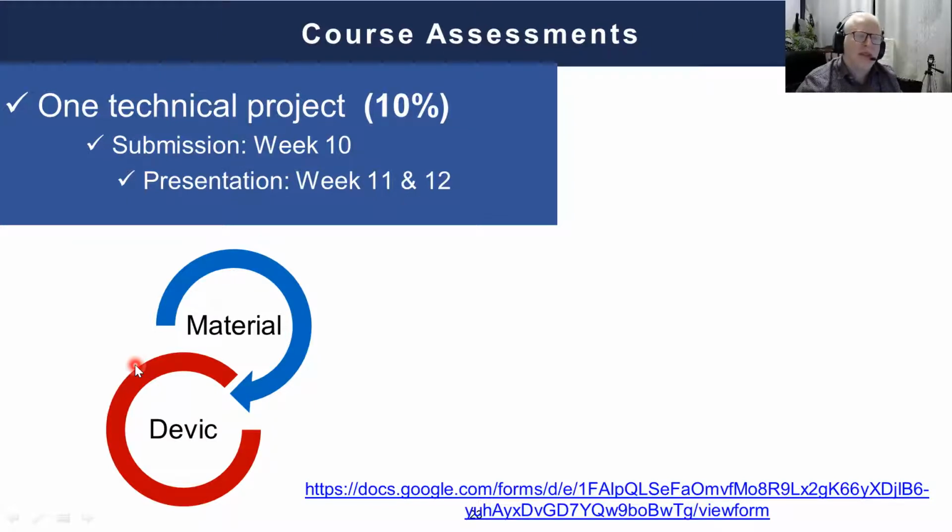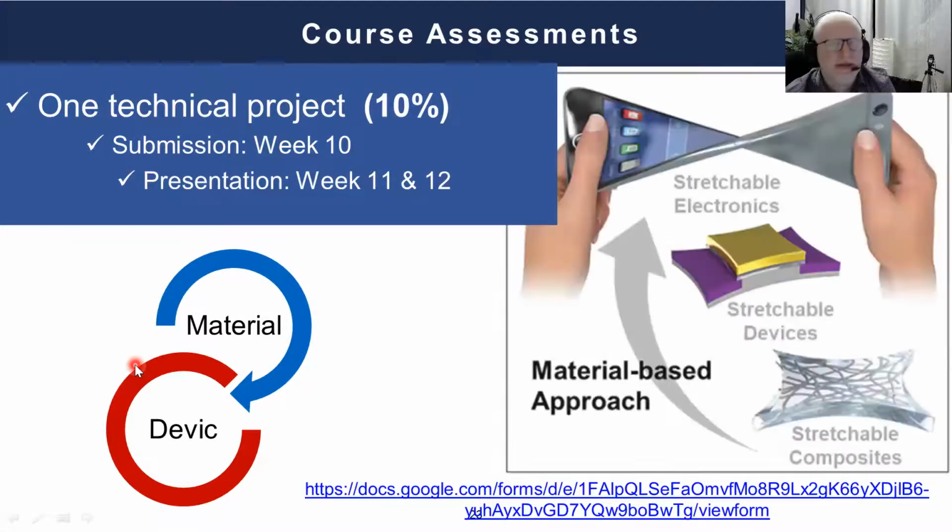So the concept is to couple materials and devices, because materials and devices are really coupled. This is an example. If you would like to have a flexible mobile, say we are a startup company, and our target is to gain market share with respect to Samsung, Huawei, and Apple, by making a flexible mobile. Your first step is to find a flexible material that can make a flexible mobile.